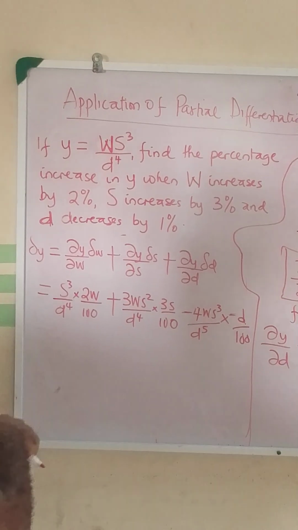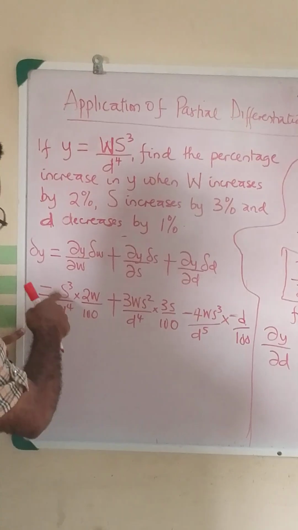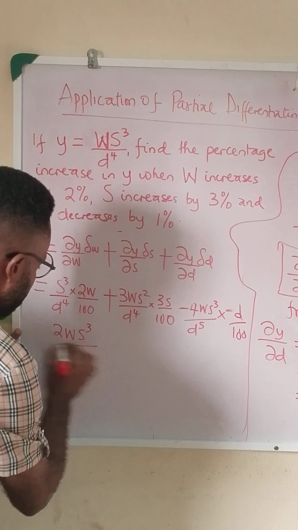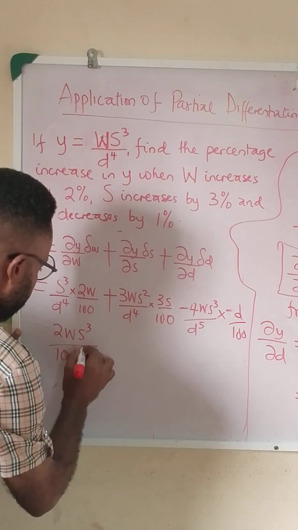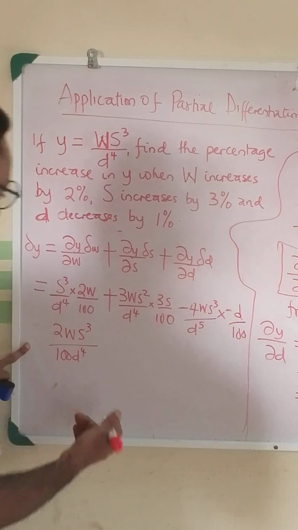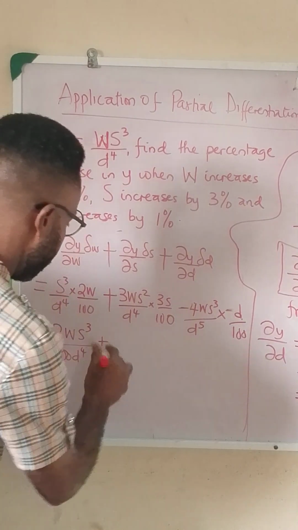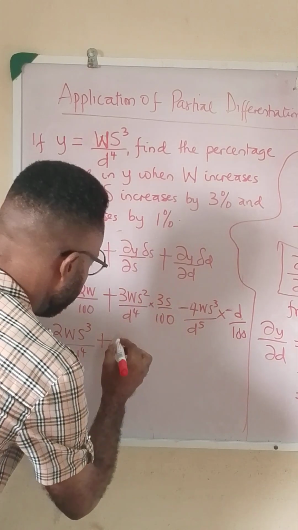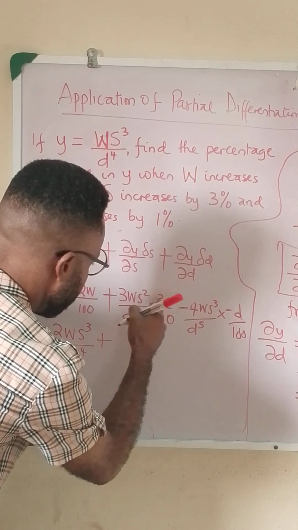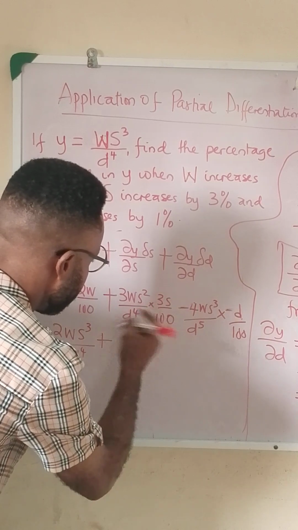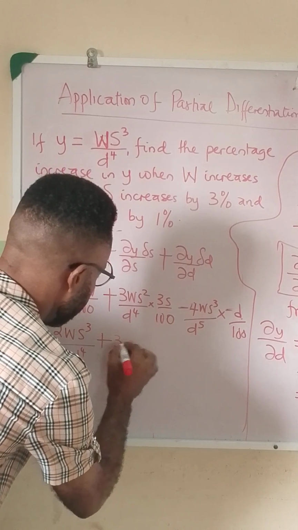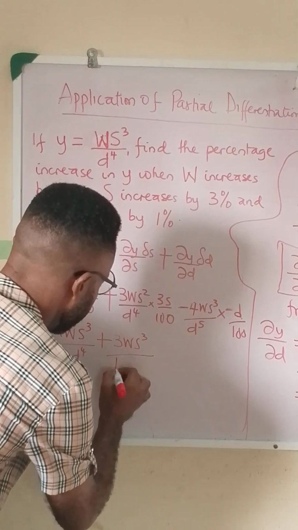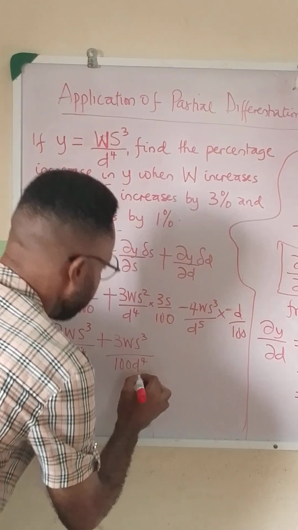So let's look at what we have here. S cubed times this will give us 2WS cubed over 100 D raised to power 4. Plus this times this times this will give us S squared times 3S squared, which is 3S cubed, times 3W. So we have 3WS cubed all over D raised to power 4 times 100, which gives 100 D raised to power 4.